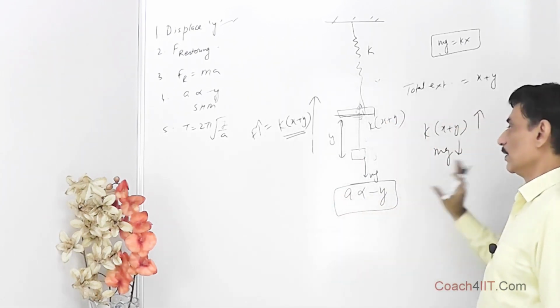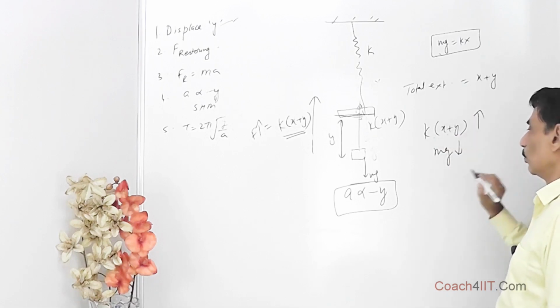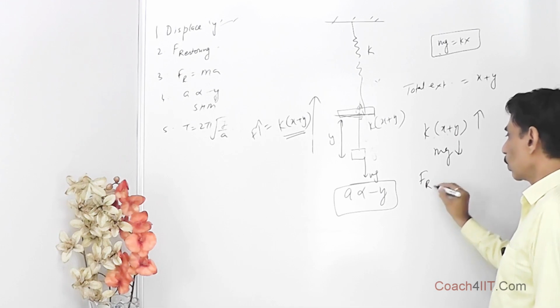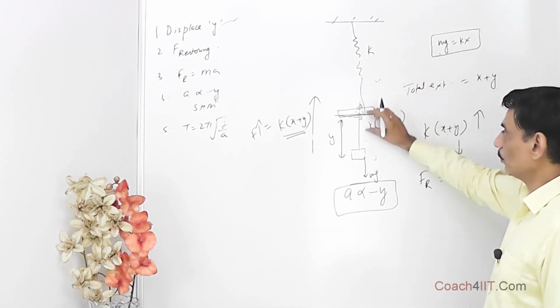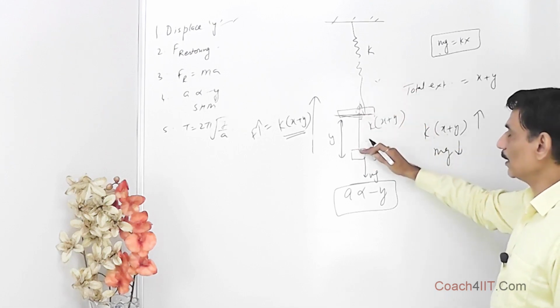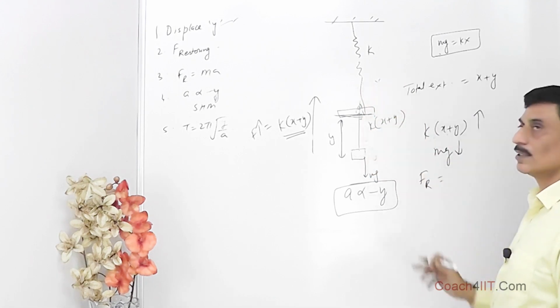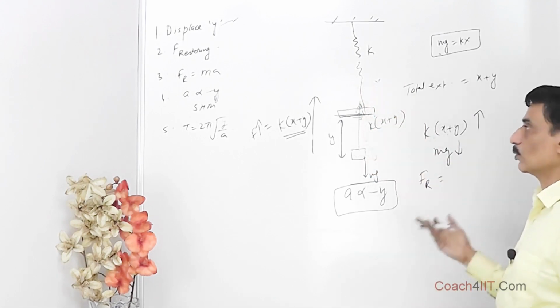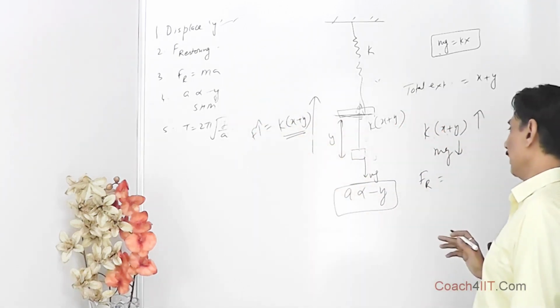So our point of concern is this. k(x plus y) is the force in the upward direction, mg is in the downward direction. Let's find the total restoring force. Obviously, when it was in the equilibrium position and we pull it down and release it, it will go upwards. Displacement had been in one direction, so restoring force or acceleration is in the opposite direction. But whether this is SHM or not, whether acceleration is proportional to y or not, we have yet to establish.